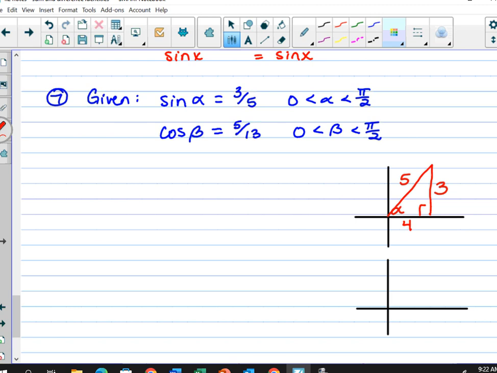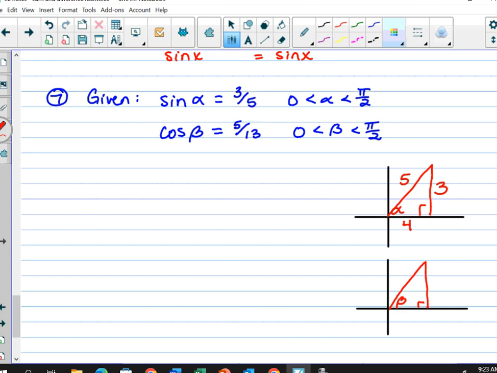We also have to draw a separate beta triangle. That's why I got another little spot there. What quadrant is beta in? 1. So both being in the first quadrant is simpler because everything's positive. If you move to the second, third, fourth quadrant, you have to think about what side might be negative.